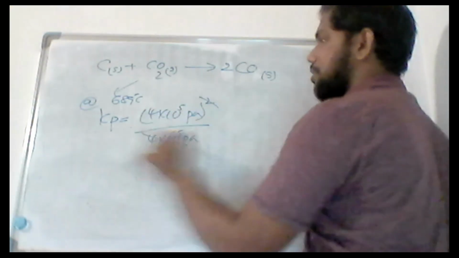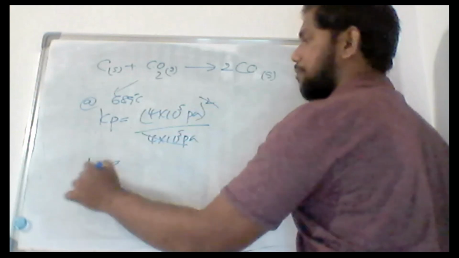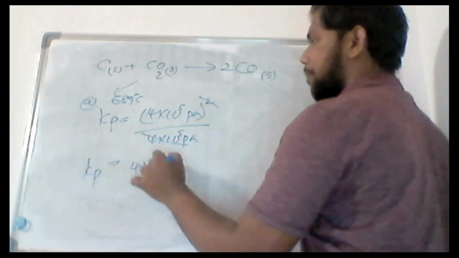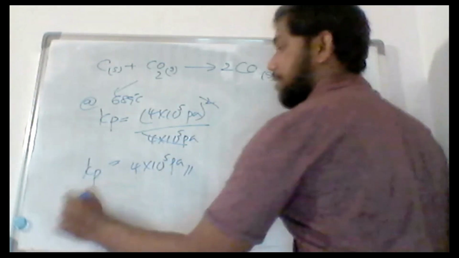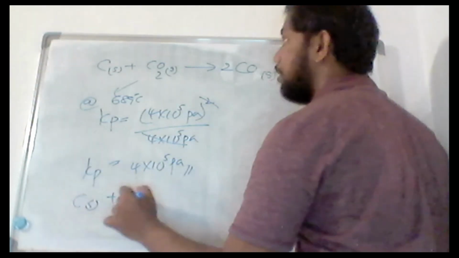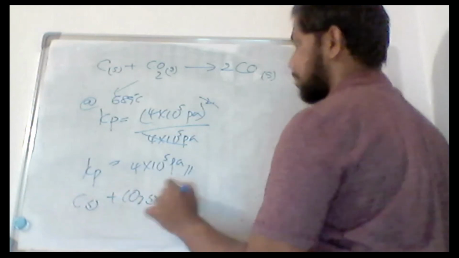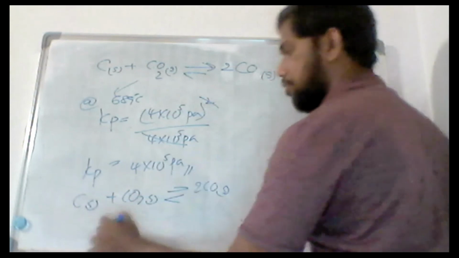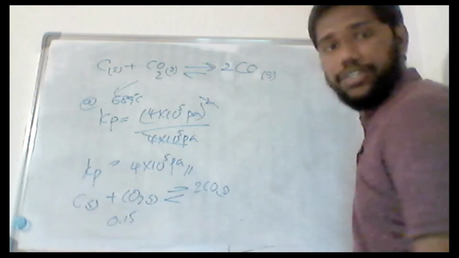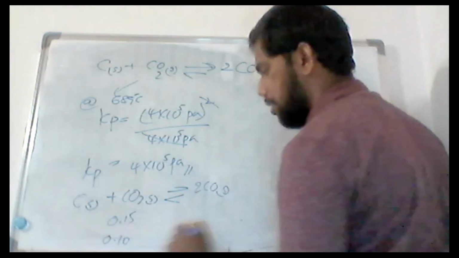So you can cut this. So Kp at equilibrium was 4 into 10 to the power 5. But don't forget, this case was carbon solid, CO2 gas, 2 CO gas. So 0.15 initially, finally 0.1, 0.1.